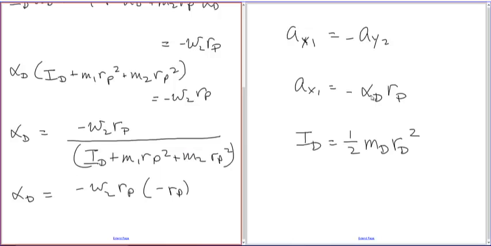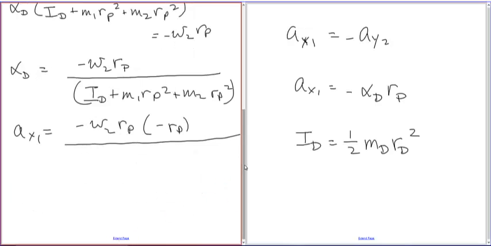All we're doing is, to get a sub x1, we multiply alpha by negative r sub p. So that's how we get a sub x1, and we divide by what we had before here.